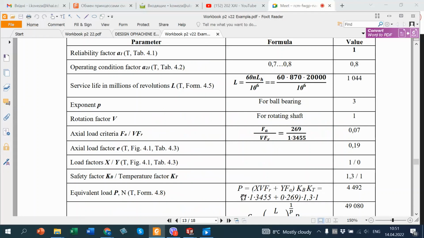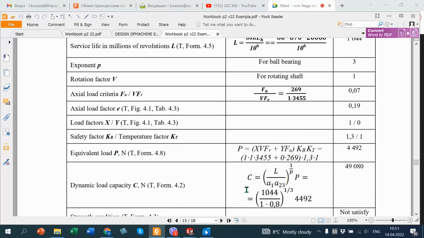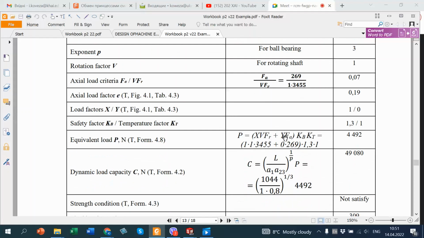Equivalent load. According to this formula, KB, KT, we took it here. V is 1.